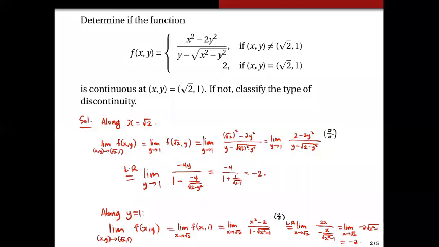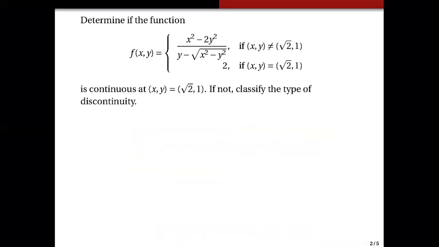So now, look, the limit of the function along this line is equal to -2, and the limit of the function along the other line is also equal to -2. Maybe the limit is actually -2 along any possible line or any possible curve. So let us try to show that indeed the limit of this function along any possible curve is equal to -2. So this will be our approach.